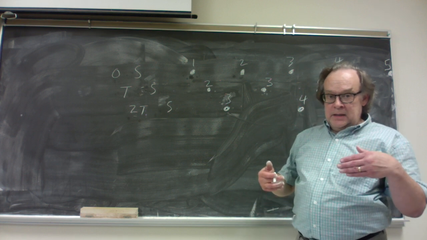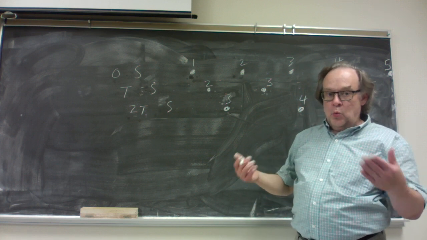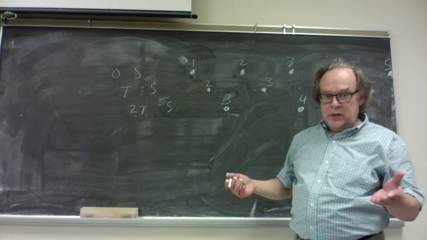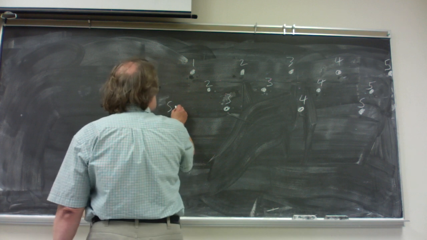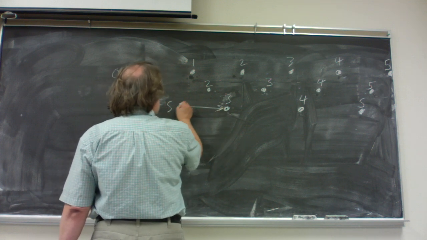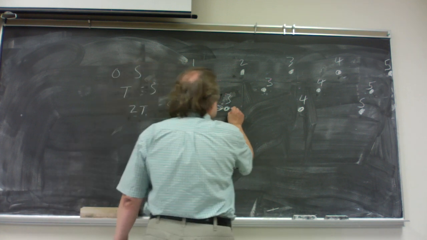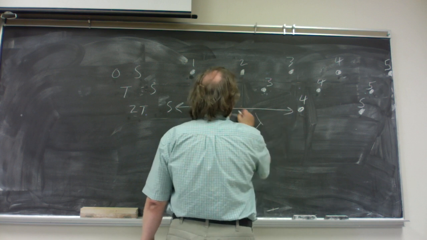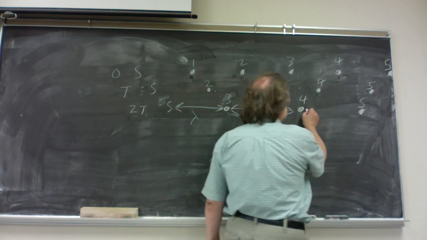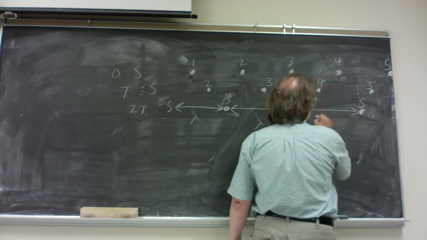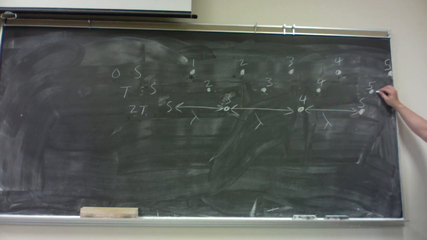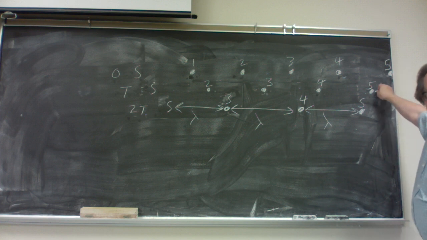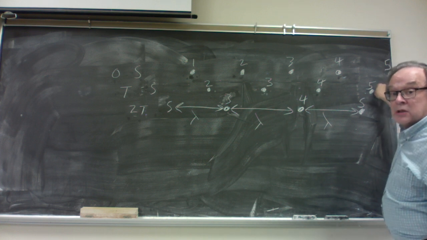In the time of one period, every pulse travels one wavelength. So that distance there, that distance there are each a wavelength. But then this distance is much less than a wavelength.